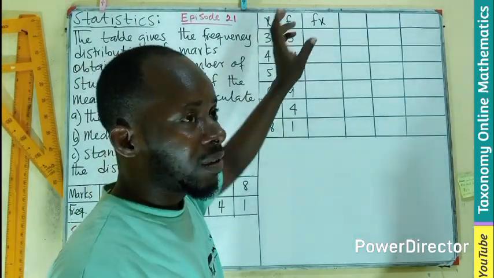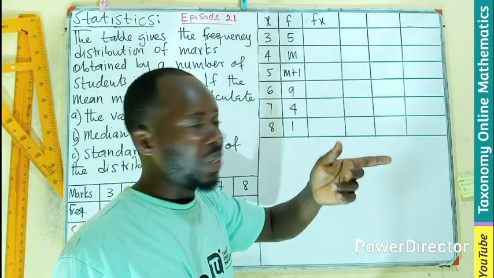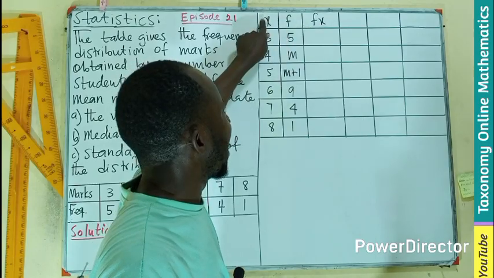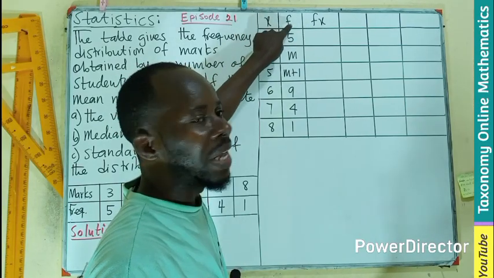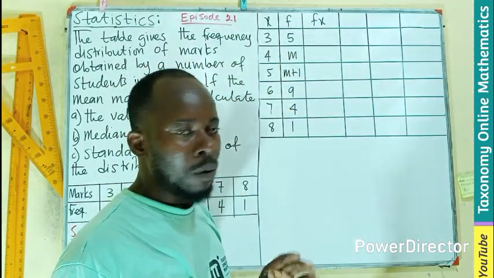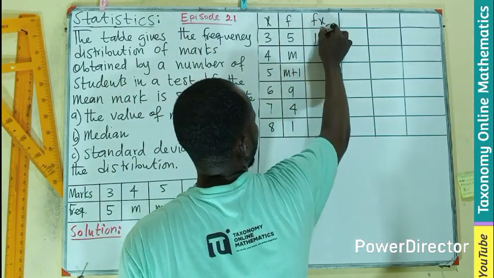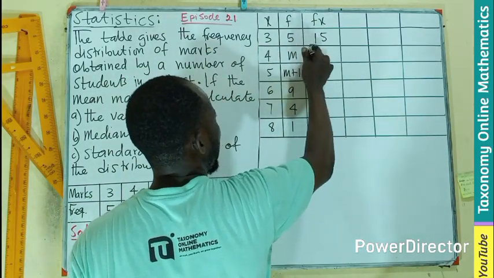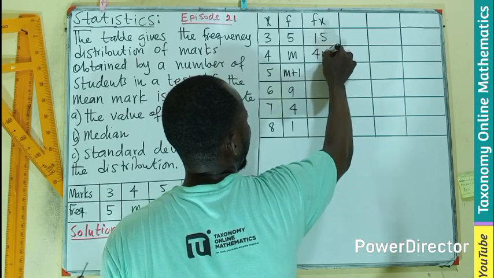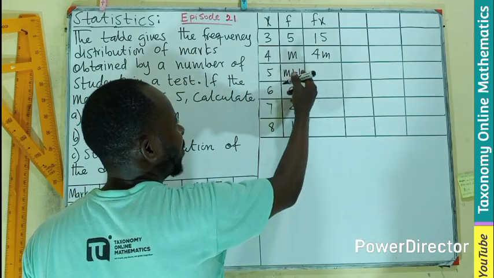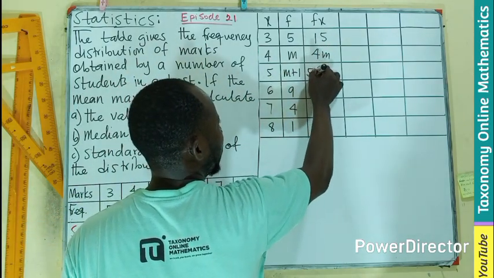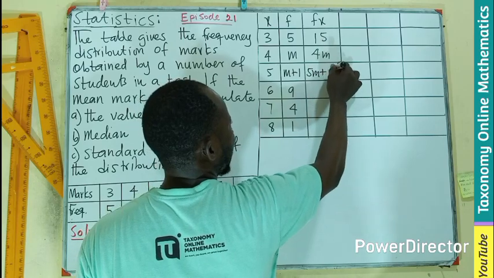We need fx because of the mean that has been mentioned. So fx is f times x or x times f. The values under that column we multiply. So 3 times 5 will give us 15. 4 times m will be 4m. 5 times this will be 5 times the m plus 5 times 1.